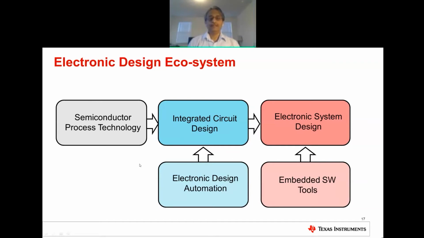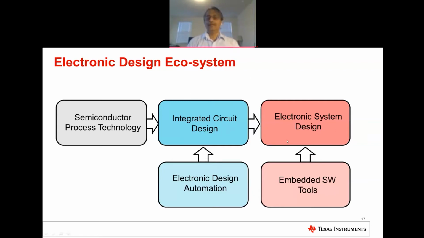And in fact, when I started my career in Texas Instruments in India, we were doing this CAD tool development for use by the IC designers, and then I moved into the IC design aspects of things. But electronic design automation is again a very important enabling field by its own, pretty challenging and exciting, and an area that forms part of the overall ecosystem, if you will.